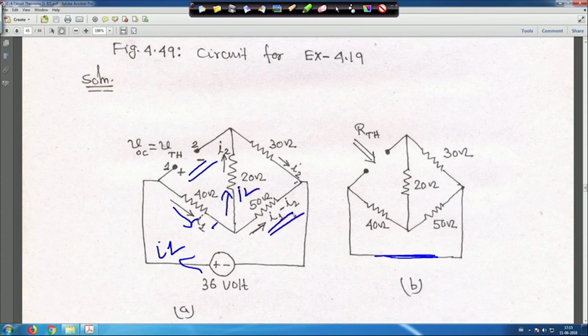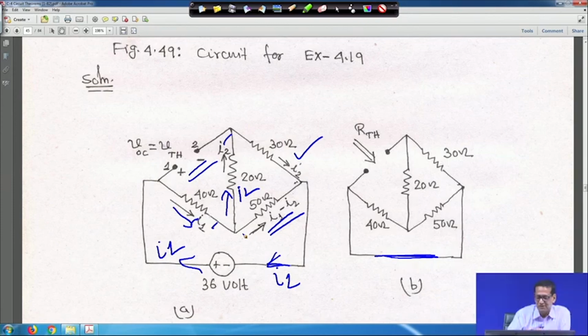So, in this circuit it is I1 minus I2, right, and this I2 side is open. So, same I2 current is flowing here, right, and finally when they are meeting here, this I1 current will return to the source, right. So, this way first you have to make the circuit. After this you have to solve for I1 and I2.